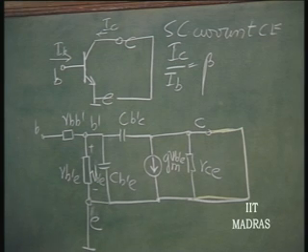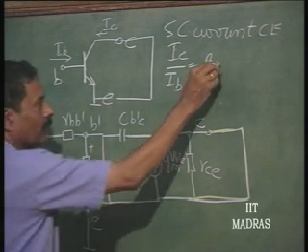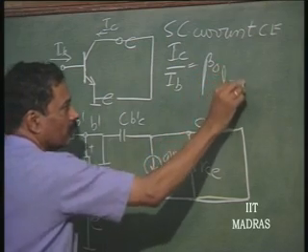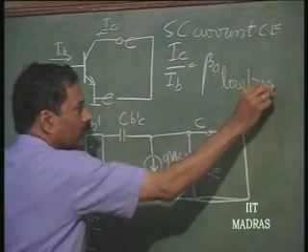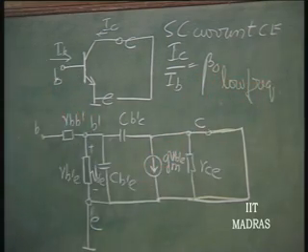At low frequency, it is beta naught, independent of frequency. At high frequency, we would like to know what it is. So, the definition remains the same. At low frequency, this is called beta naught. At high frequency, we will call that beta and see what it is going to be.